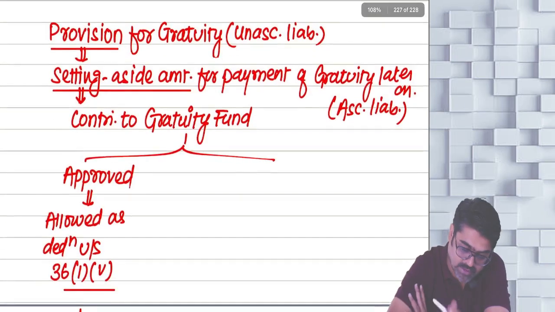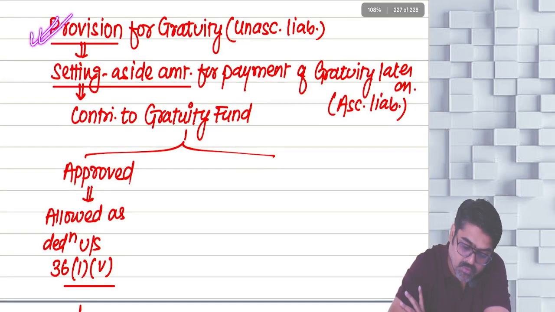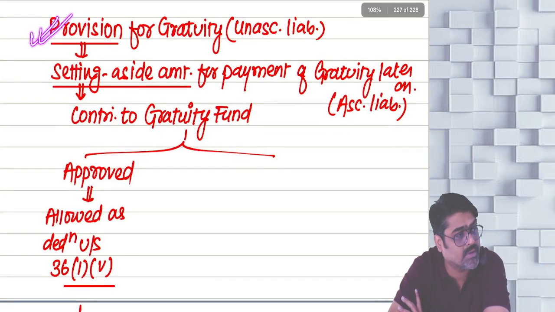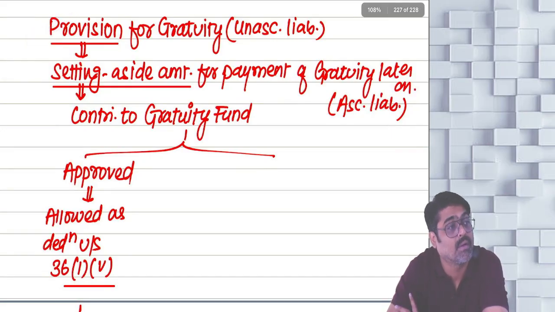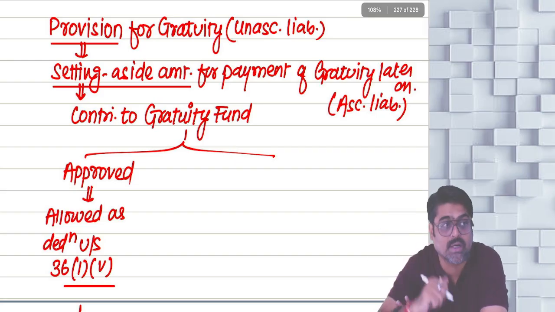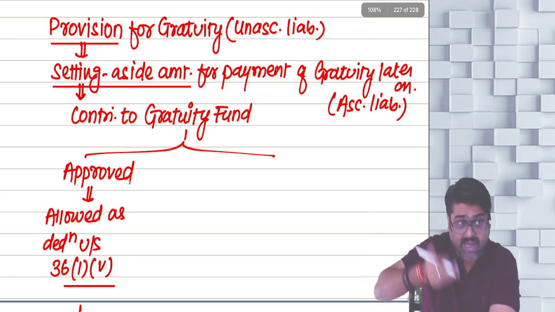Tell me, first of all, a simple thing. Provision for what? Provision for gratuity means the gratuity which you are going to pay in the future. That gratuity is right now not known. So that gratuity is an unascertained liability right now.